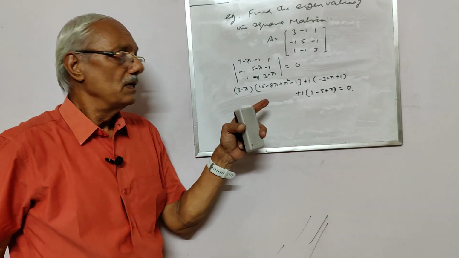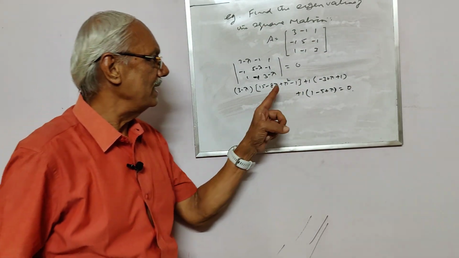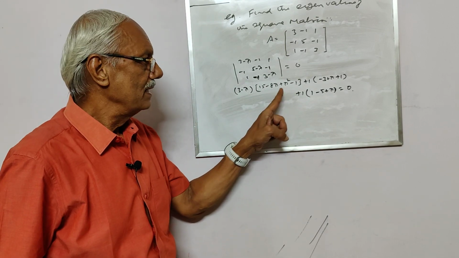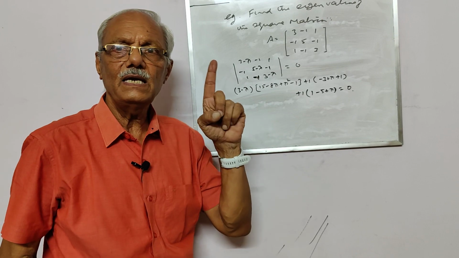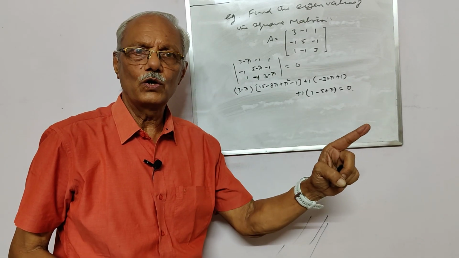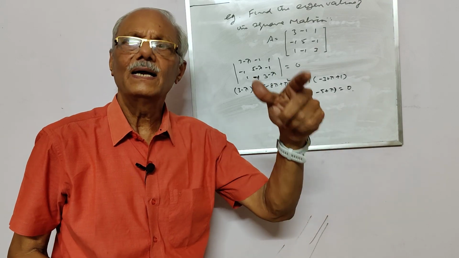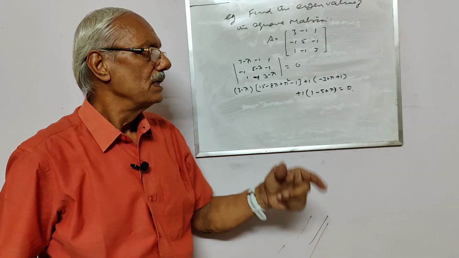Now what you have to do is collect the coefficients of lambda cubed, and write it in descending order: lambda cubed, lambda squared, lambda, and then constants.